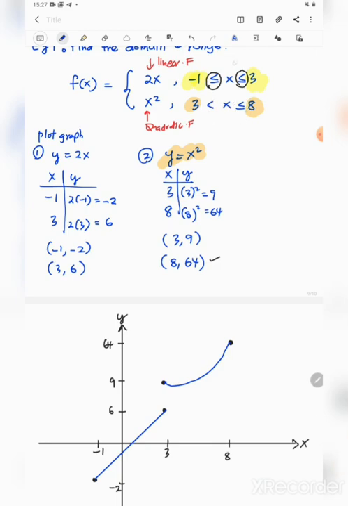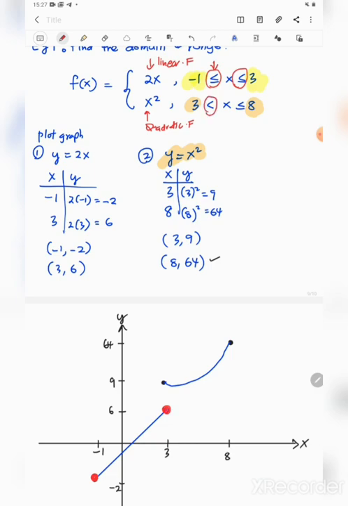Now this is the part where we apply the sign for the graph. Now we have the sign, less than. For this one we have less than and equal for -1, so this will be a close circle. For number 3, we also have the equal sign, meaning that we have a close circle.